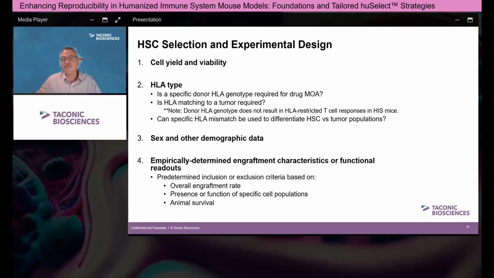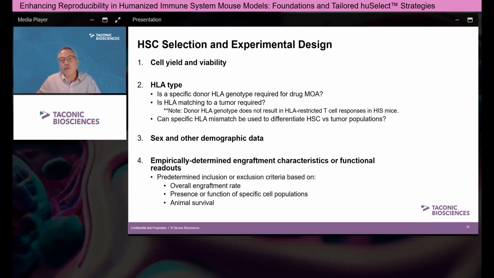And finally, at the end of the day, what matters is how these function. One approach is to empirically determine how these cells perform in that mouse model system. So what does the engraftment look like? What do the cells that develop look like? And do they function?